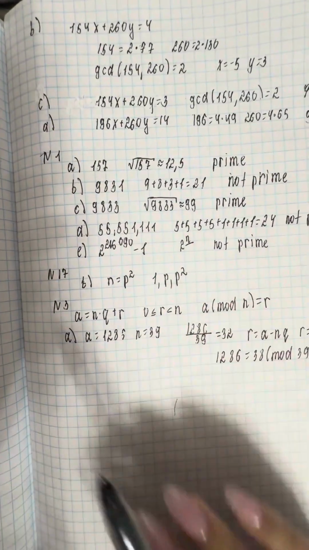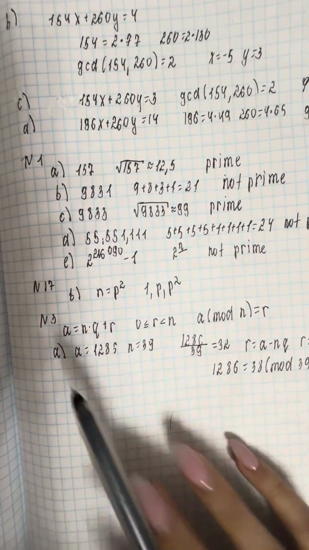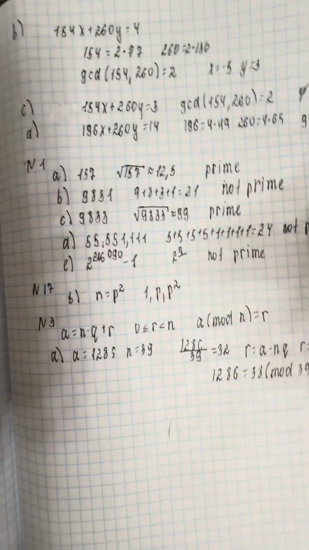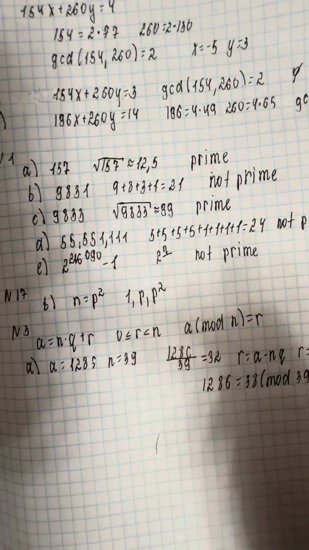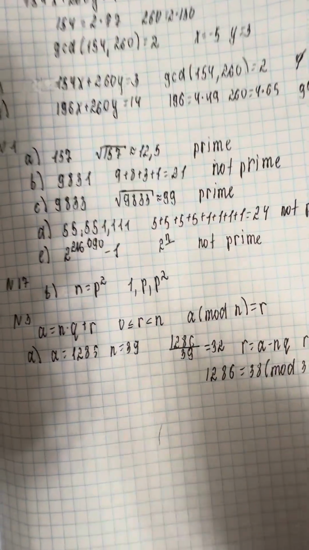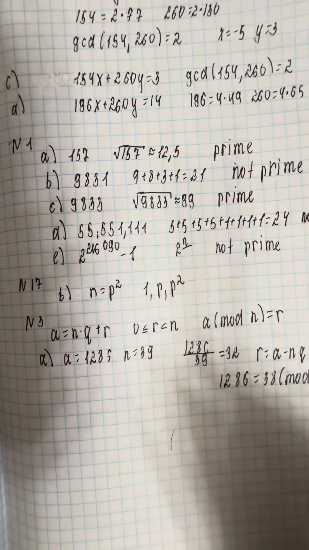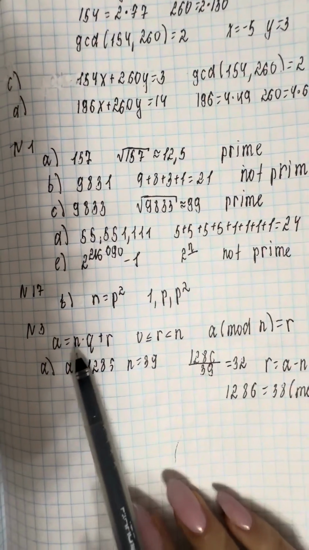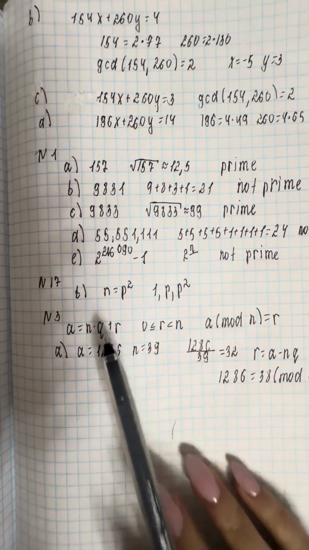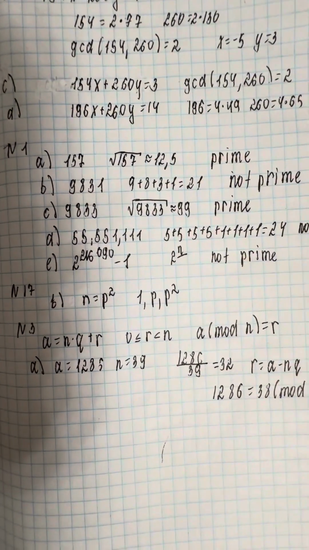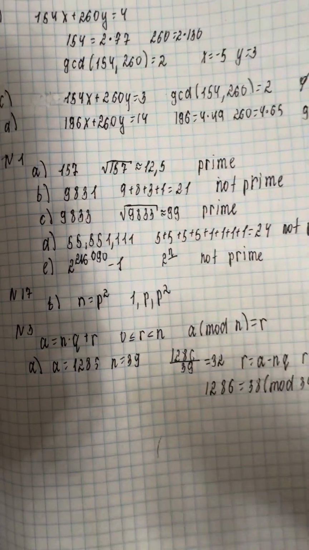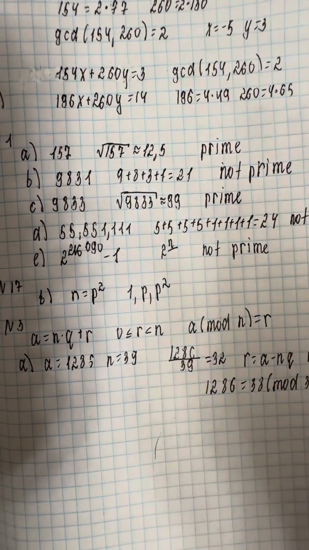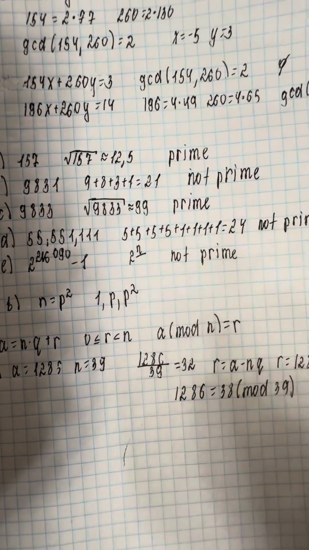Next problem, number 3, section 4. To find a mod n, we divide a by n and take the remainder. The remainder must satisfy between 0 and n, and the formula is a equals n multiplied by q plus r. In part A, we are given a equal to 1286 and n equal to 39.